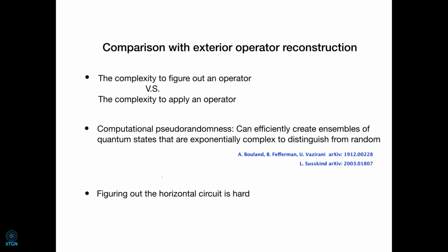Once you figure that out, then the reconstruction may or may not be very complex, depending on whether you have the entire system or you lose access to part of the system. If you have the entire system, then you just undo the circuit, apply the operator, then go back again.